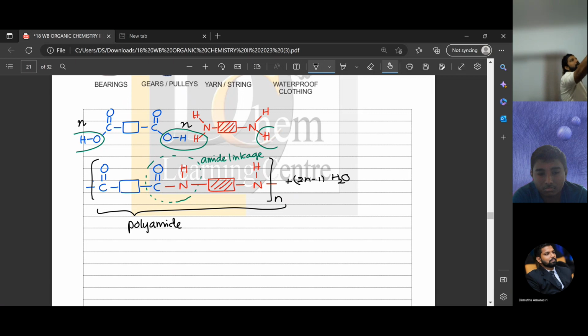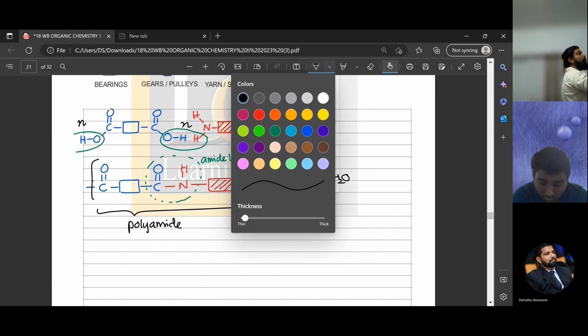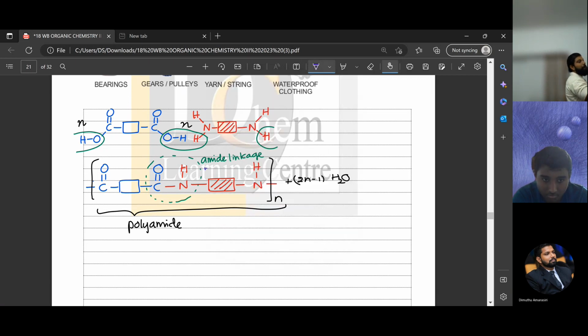This amide link is called a peptide in biology. If you call it peptide, then the polymer is called polypeptide. You learned about proteins and polypeptides.